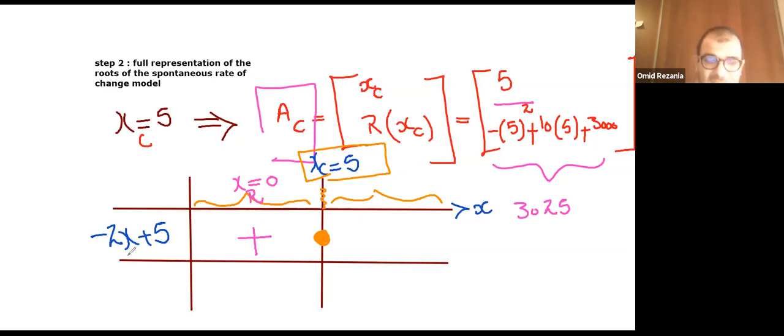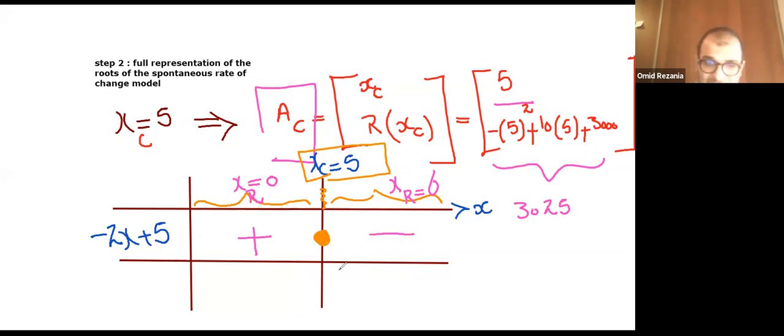Very simply, I pick a random number, let's say 6, which is greater than 5. Then what do I get at the end? I replace it, put it here, it becomes minus 2 times 6, which is minus 12. Minus 12 plus 5 becomes minus 7. Then I get a negative number here.